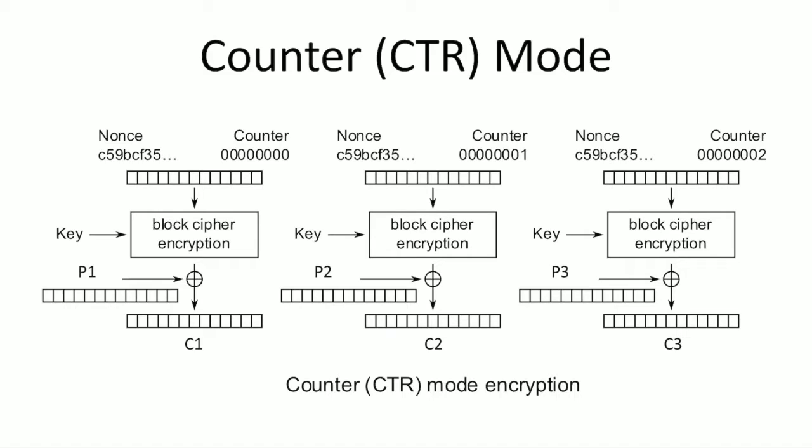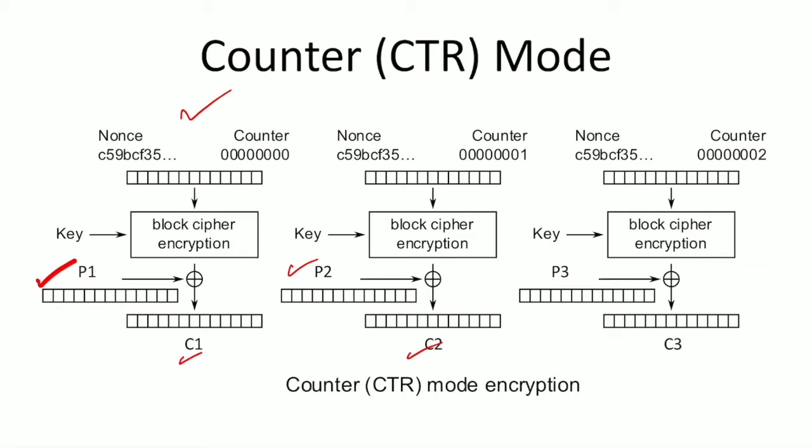First is that unlike ECB mode, in counter mode we use a counter value whose length is equal to the plaintext block to ensure that the same plaintext blocks don't generate the same ciphertext blocks. If you remember, in ECB mode, that was the weakness, that if we have the same plaintext blocks, their ciphertext blocks are also going to be the same.